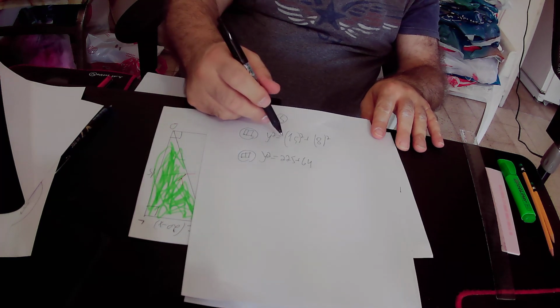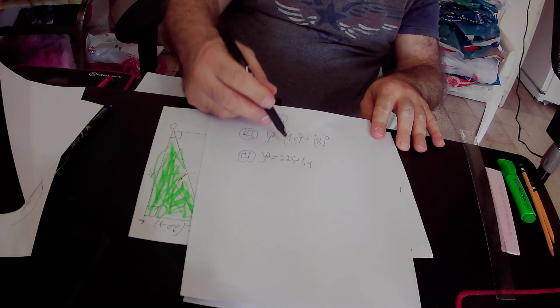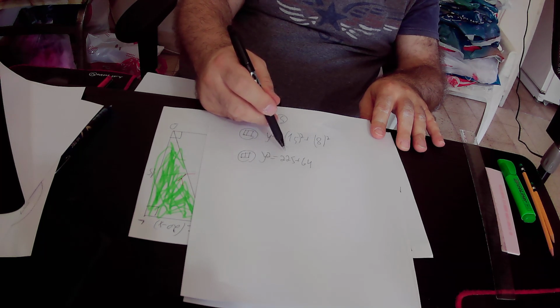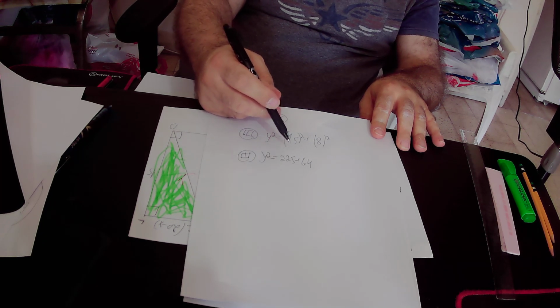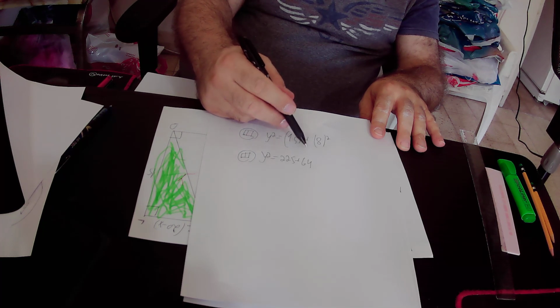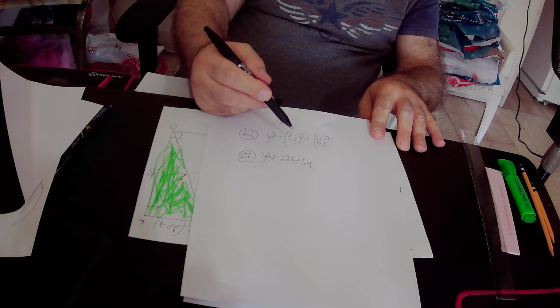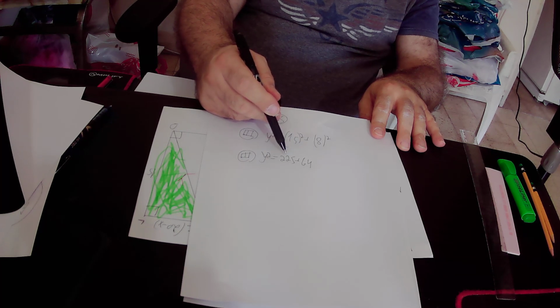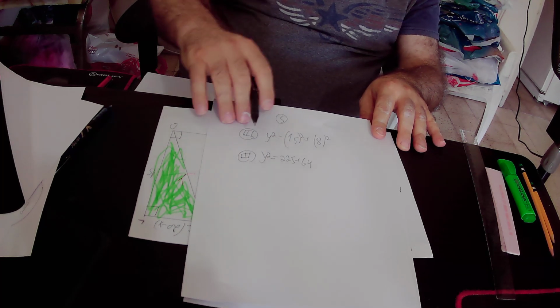And 225 plus 64 equals 289. So I write it down.